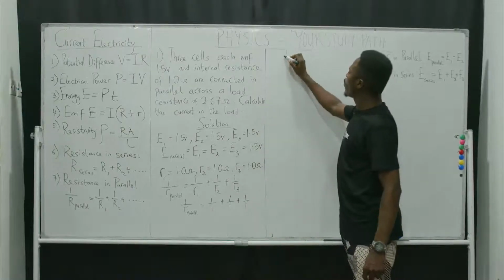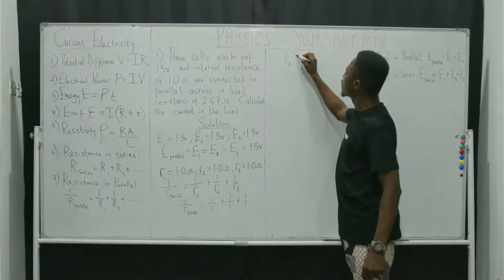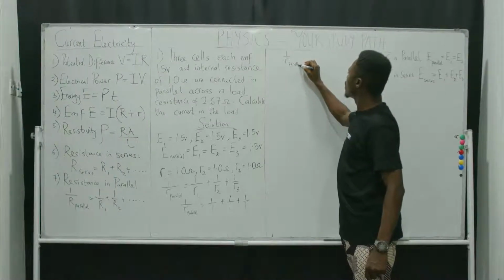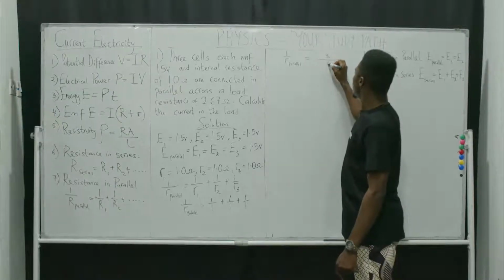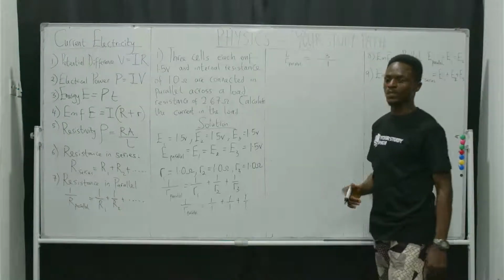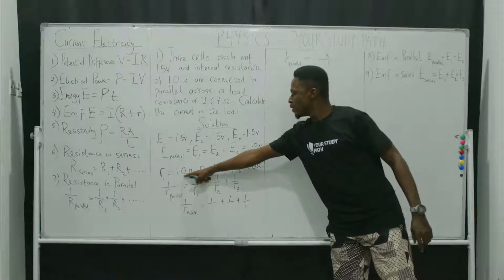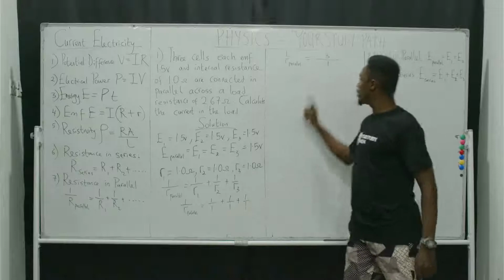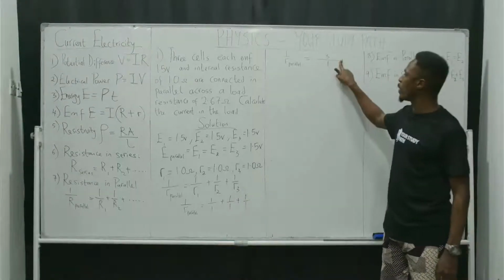We have 1 over r parallel to be equal to 3 over 1. Don't mix it up, please. Note that the LCM here for 1, 1, and 1 is 1. 1 plus 1 plus 1 gives us 3. That's what we have here.